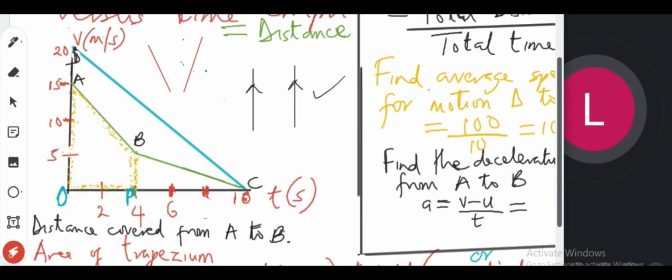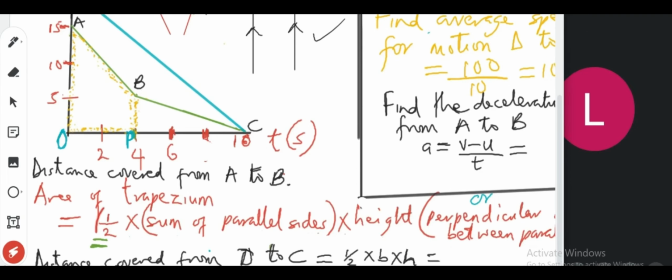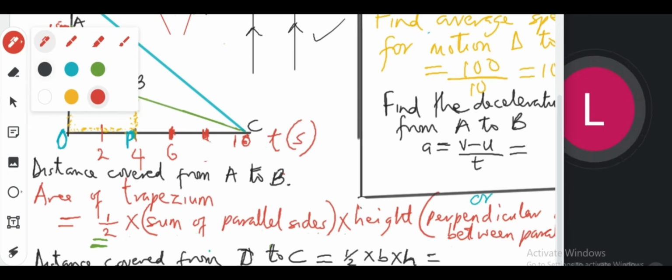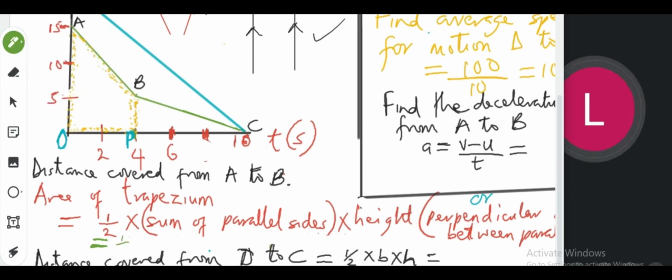So the formula for the area of a trapezium is half times sum of the parallel sides, times height, which is the perpendicular distance between the parallel sides. So the parallel sides are O to A, which is 15, and P to B, which is 5.